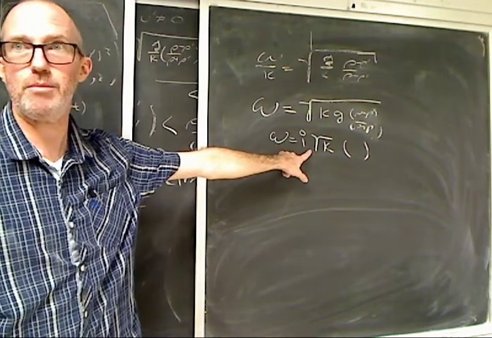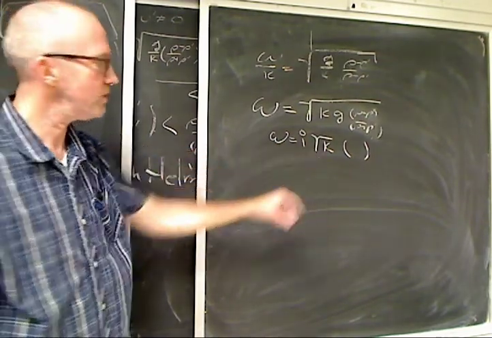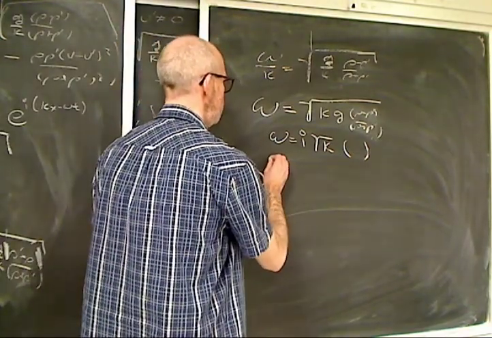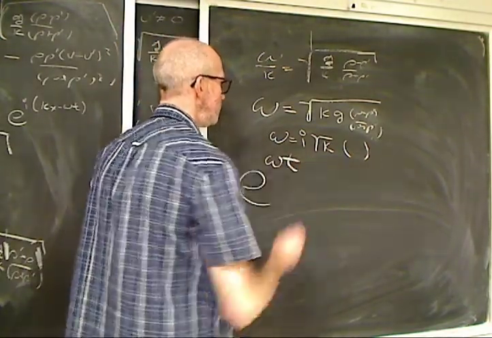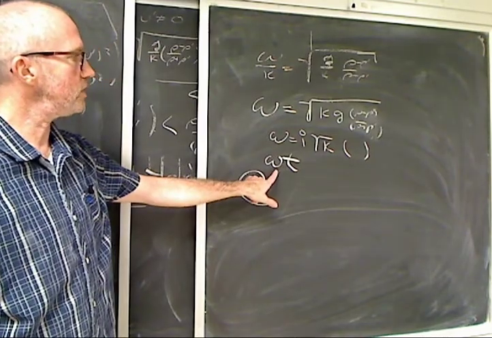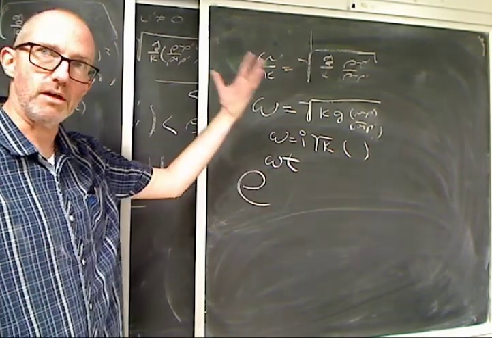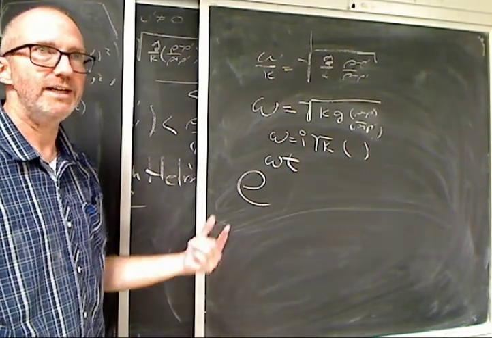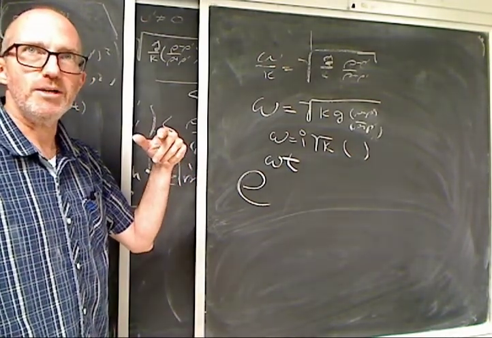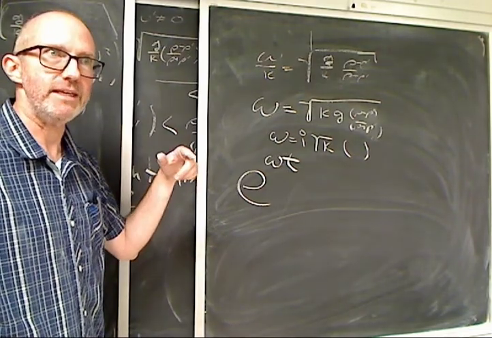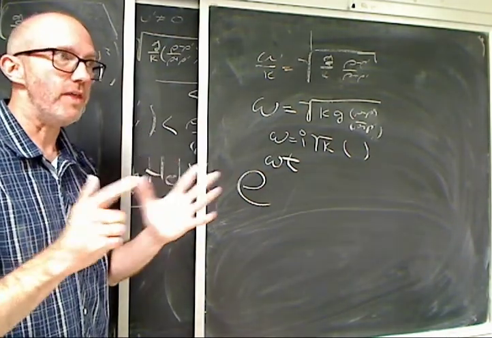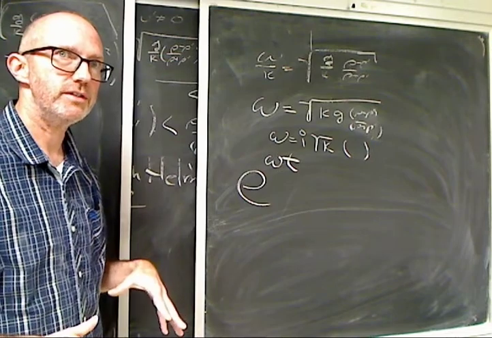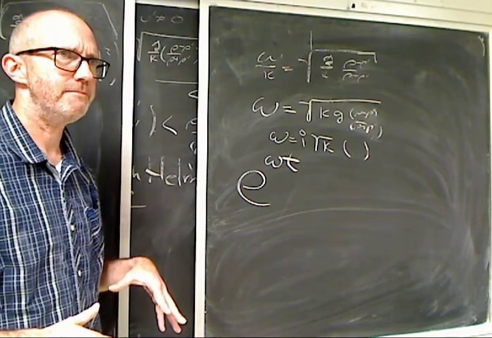So big K means bigger growth rate here. Because the growth goes like e to the omega t. So if omega goes like square root of k, then if square root of k is large, then the growth rate is larger. Does that make sense? Now, big K is little size. So that means that small structures grow first. Everybody follow that? What happens first?